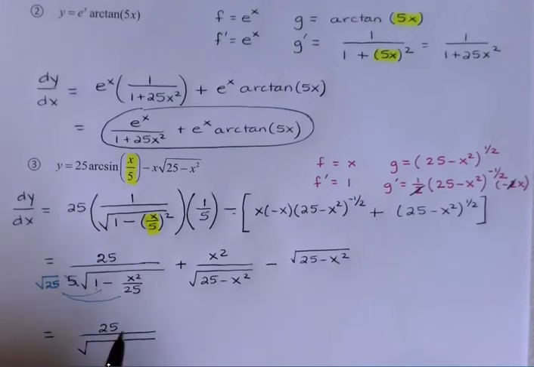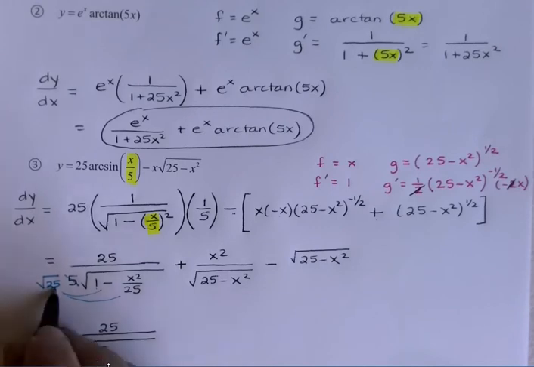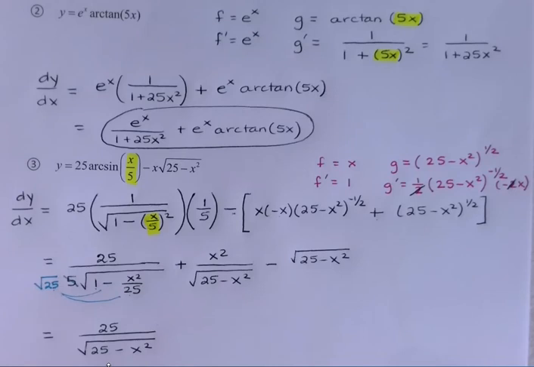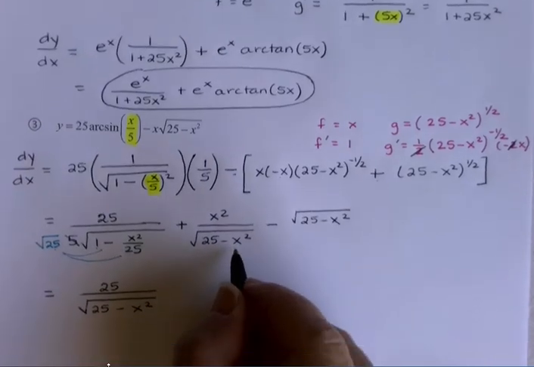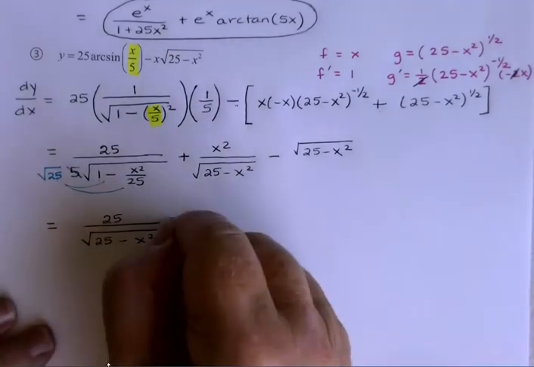So that's going to make that 1 into a 25, and it's going to cancel out the denominator there, 25 minus x squared.